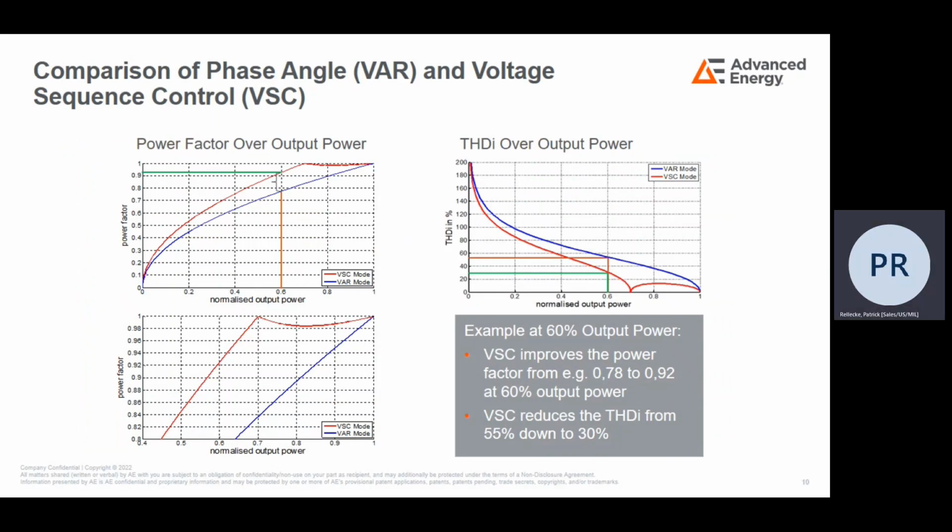In general, we can assume that at 60% output power, VSC will improve the power factor from around 0.78 up to 0.92. This is seen in the top left graph. The graph on the right side shows that VSC reduces the total harmonic distortion by around 25%.